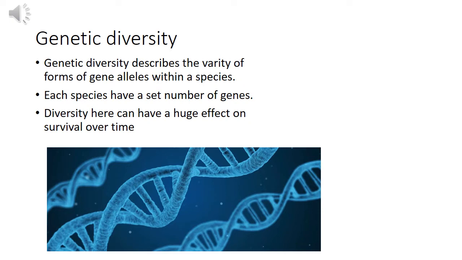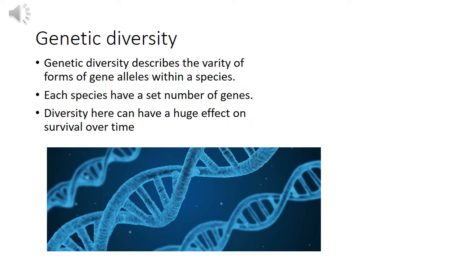Genetic diversity describes the variety of the forms of gene alleles within a species. There will always be genetic variance within a species, and that is what we measure here. If we have a very low diversity in genetic variance, that species can be very vulnerable to diseases or parasites.